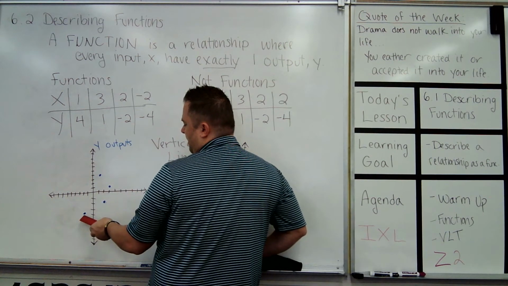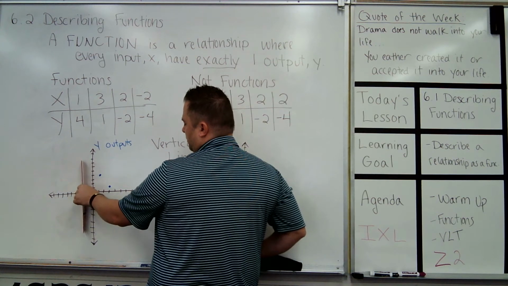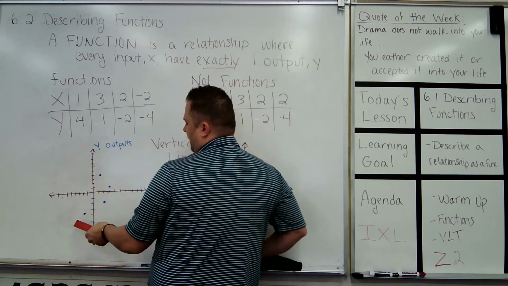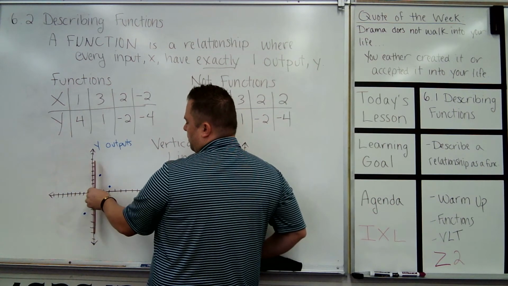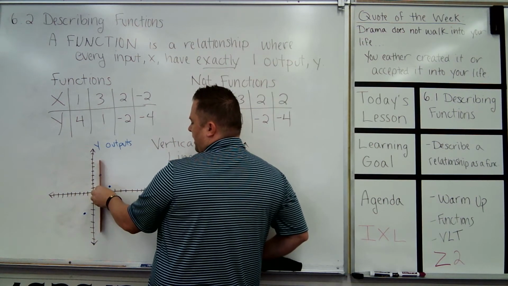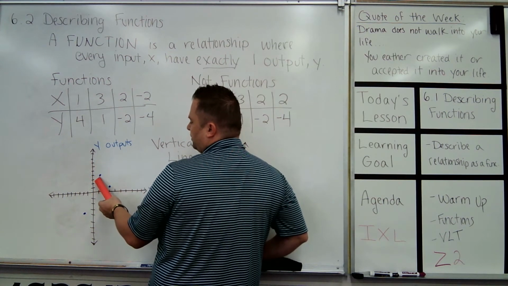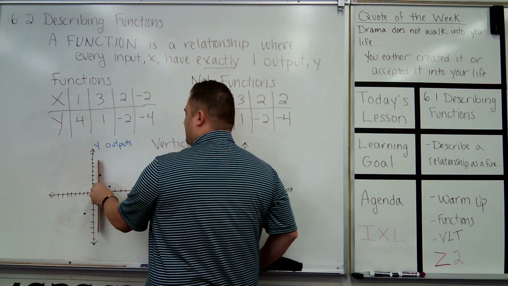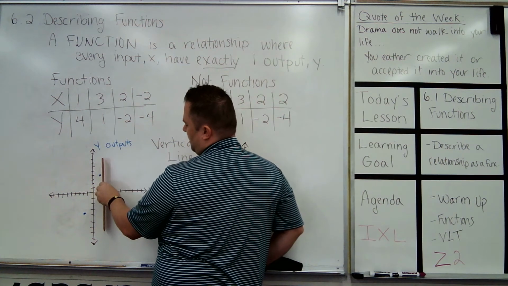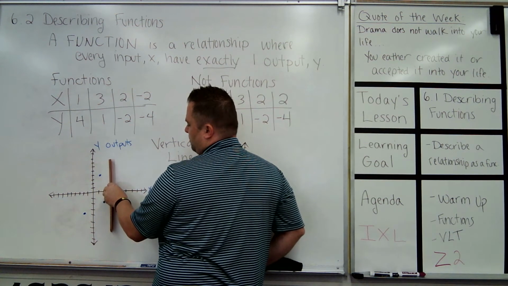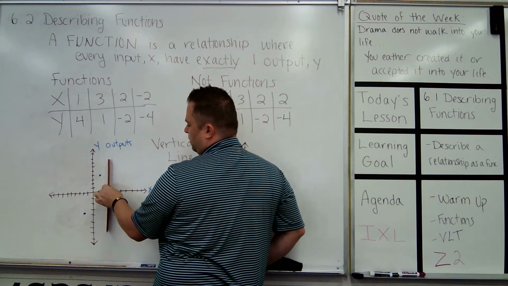That means that my input, which the ruler is representing, is -2, and I only have one output. When I scoot my ruler over to here, I have one input, meaning at the 1, and it's only producing one output. If I move it over a little bit further, it's only touching at one place. If I move it over again, it's only touching at one place.